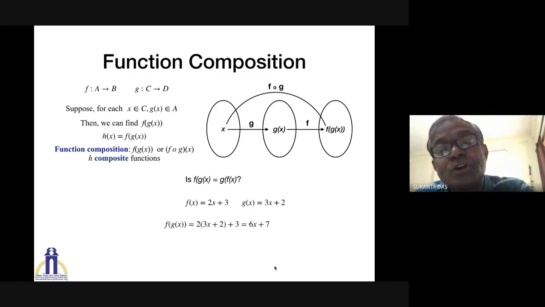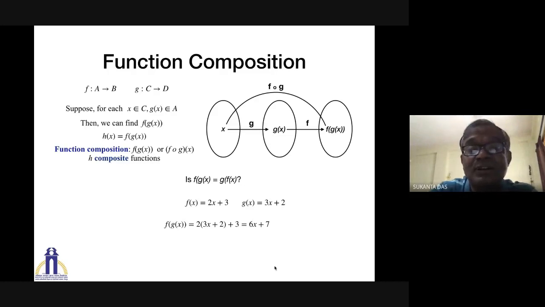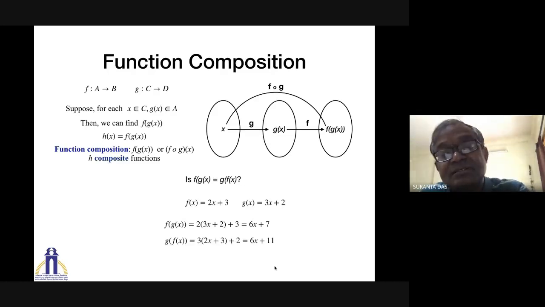Then f of g of x I can get. g(x) is actually 3x plus 2, and f is 2x plus 3. So doing this, I get f of g of x equal to 6x plus 7. Now find out g of f(x). Then I get 6x plus 11. So obviously they are not the same.